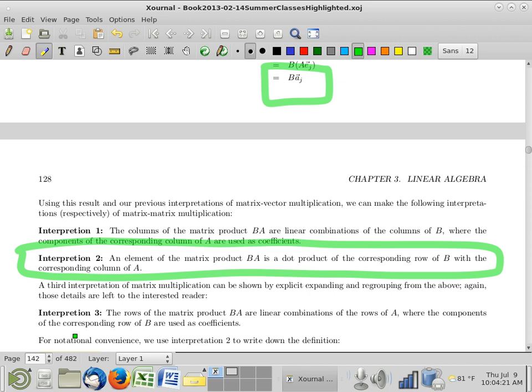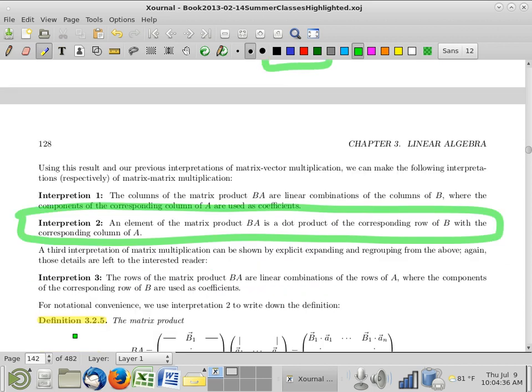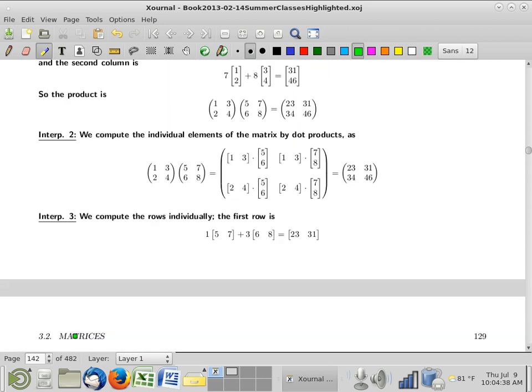Specifically, I can compute the product one entry at a time, taking the corresponding row of B and dot producting it with the corresponding column of A. This is the point of view that a lot of you might have, or more likely have seen, on matrix vector multiplication. So this is not a column at a time or a row at a time. This is one entry at a time.